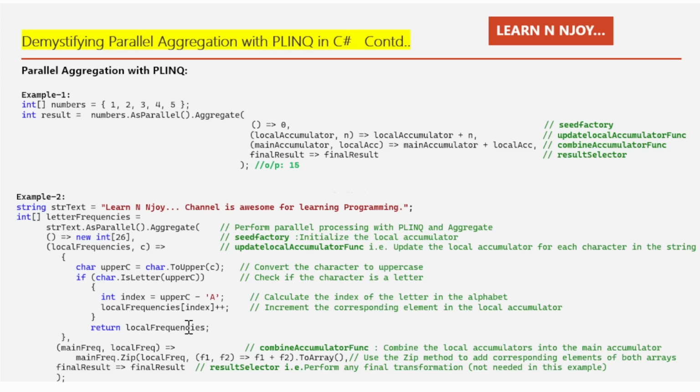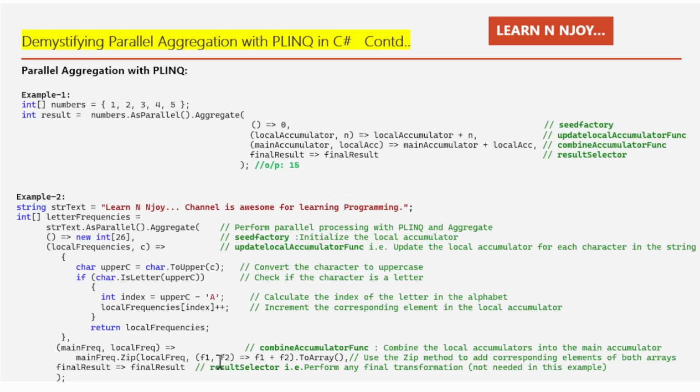Then the third argument is nothing but the combine accumulator. That's what I have written, mainFrequency comma localFrequency goes to, and in this combine accumulator function, I am using the Zip method to add the corresponding elements of both arrays. That's what I have written, mainFrequency.Zip(localFrequency, (f1, f2) => f1 + f2).ToArray.